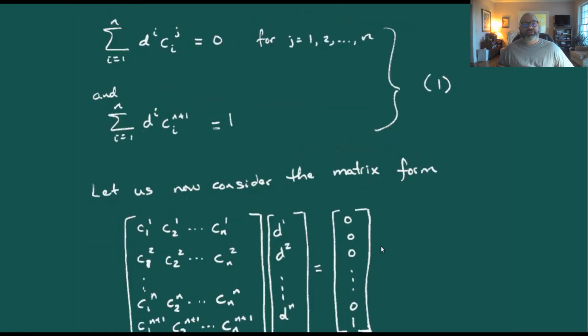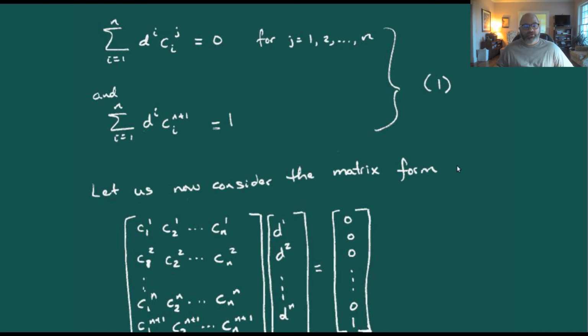So this gives us a system of equations. We've got our coefficients for all of the w sub k's that are not n plus 1, and then we've got the one for w sub n plus 1. All of those are 0, and this one has to be 1.